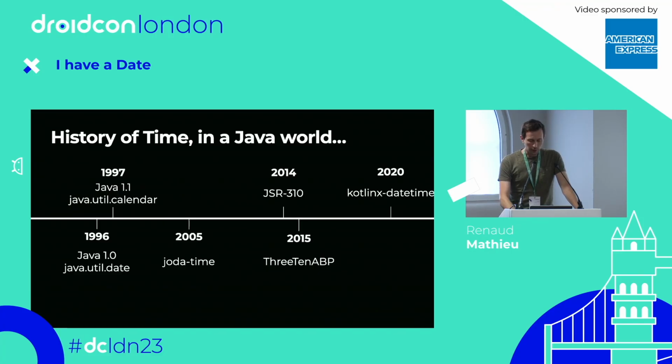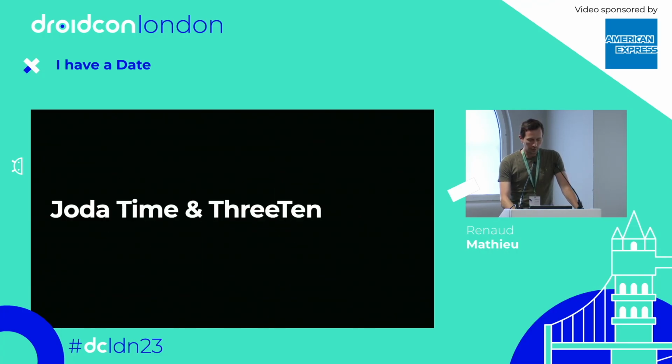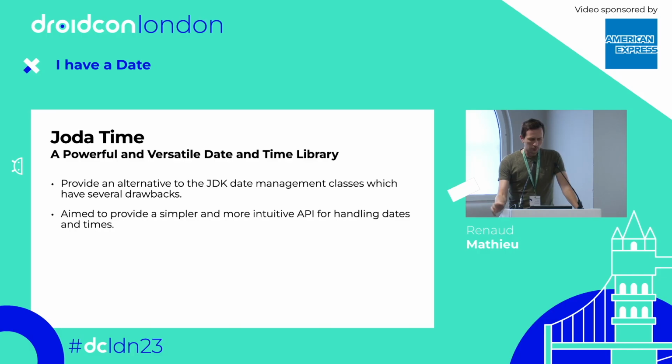So then we had Joda-Time and 310 ABP. That's kind of a funny story, what happened here with Joda-Time. It's what they brand a powerful and versatile date and time library. It was an alternative since java.util.Date was not good. It was created in 2002 and it was born out of the frustration with the existing Java Date and Java Calendar APIs.